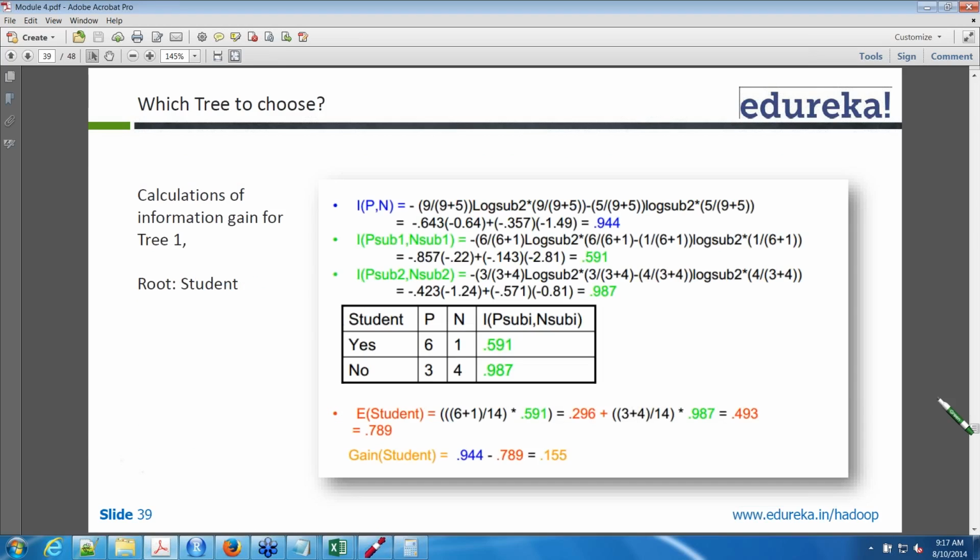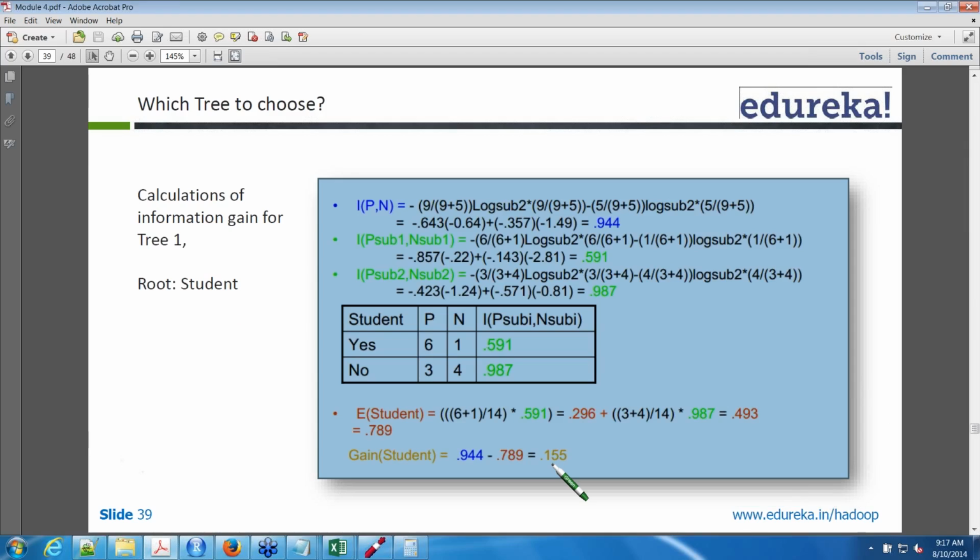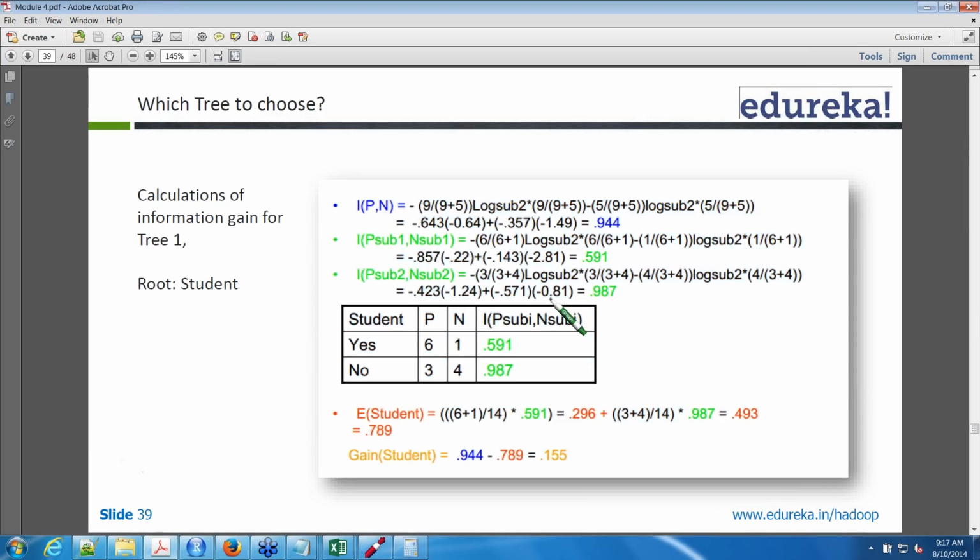Now if we apply the information gain theorem on the student yes or no splitting, what will be the gain we'll be getting? This is the information gain formula, but actually we don't need to do anything. It's only for your understanding.